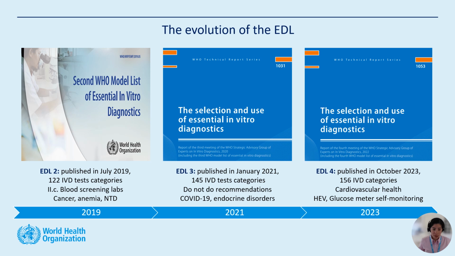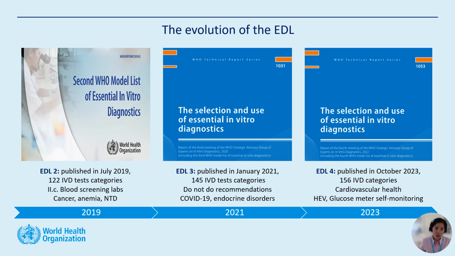EDL 3 was published in 2021. As you can see, there was a change. The first two EDLs were released with 1 year of difference. After the second EDL, it was decided that the EDL was going to be reviewed and updated every 2 years. For EDL 3, we listed 145 IVD categories, and a new section was also included.